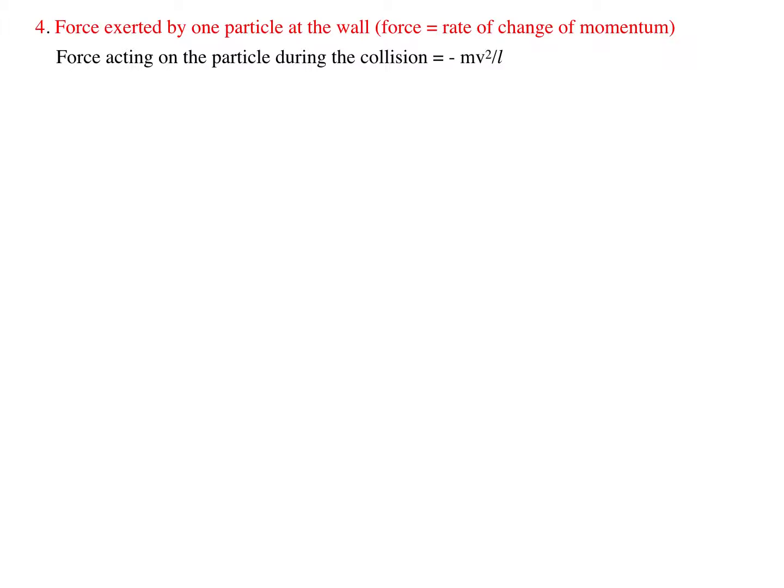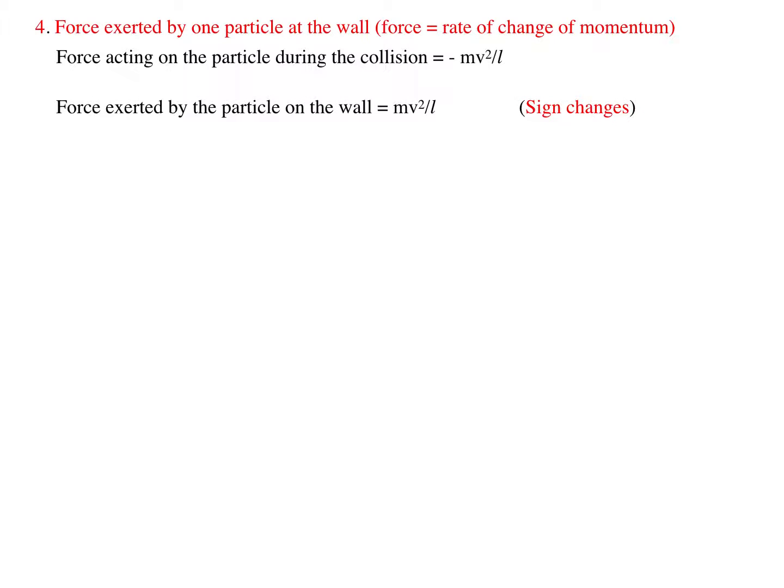So we can now conclude that the force acting on the particle during the collision by the wall is minus mv squared over L. So that's the force we calculate from Newton's law. So remember, this is minus mv squared over L. That is, the force acting on the particle exerted by the wall.